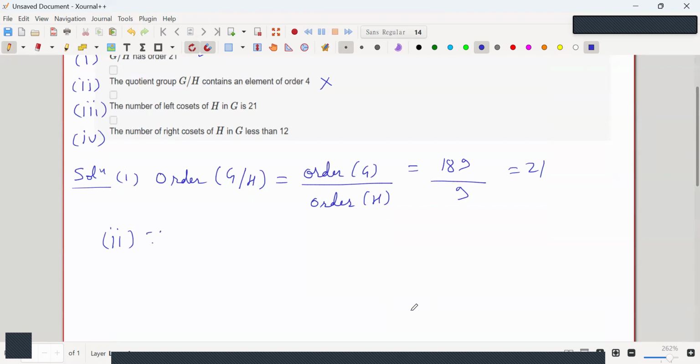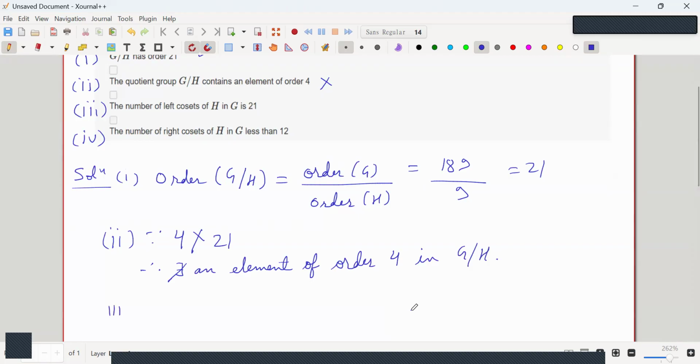So since 4 does not divide 21, there does not exist an element of order 4 in G by H. Good.